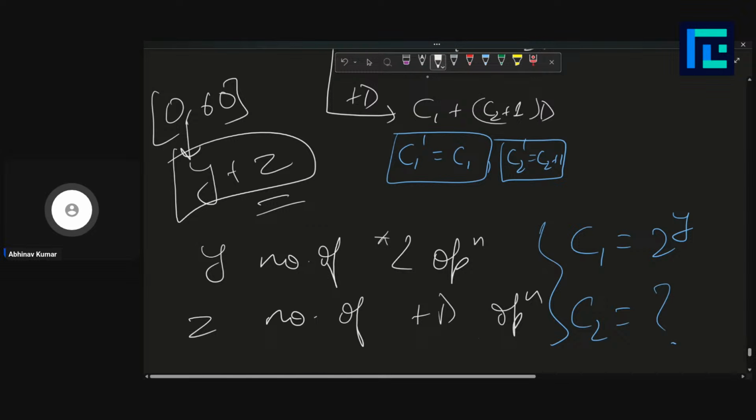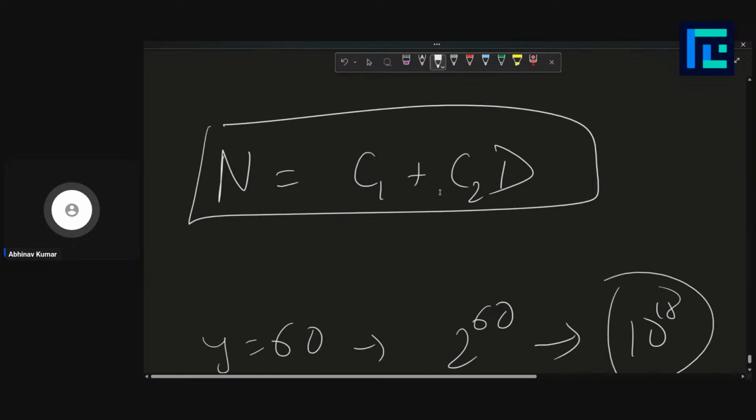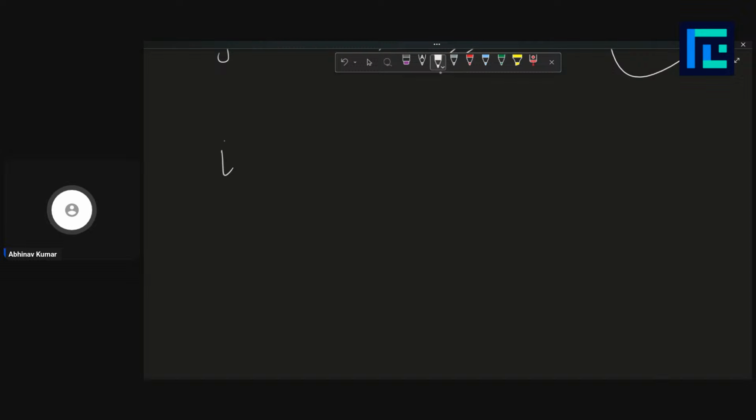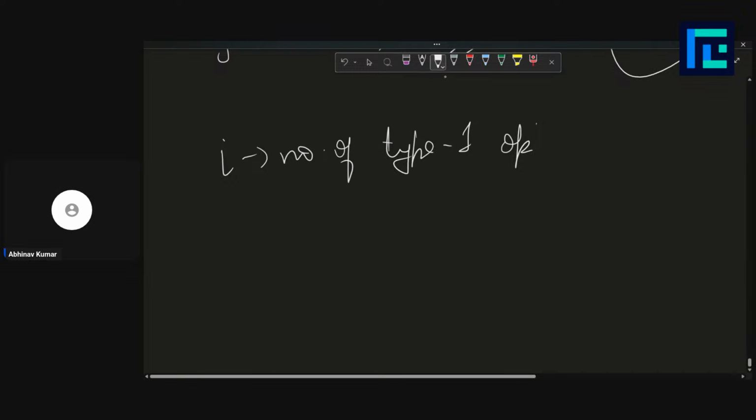So every time you fix your y and then compute the minimum z you can have for that y. Now let's say I is the number of type 1 operations, which is multiply by 2, that we are performing.